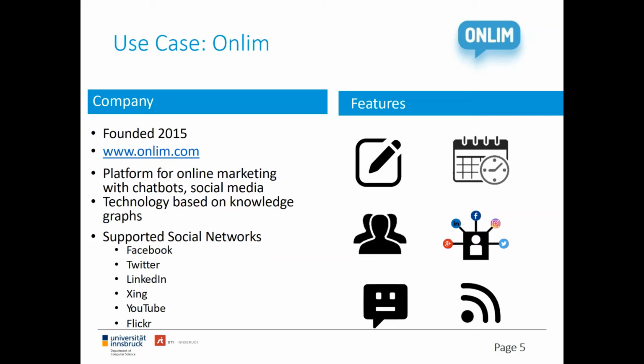It automates communication on various social networks, similar to Buffer, for example, such as Facebook, Twitter, LinkedIn, YouTube, Flickr, and it has different features: you can schedule a post, you can post it on some specific channel or on all channels. You can create different posts, you have content recommendation and so on. So it has been quite an extensive social media management toolkit.